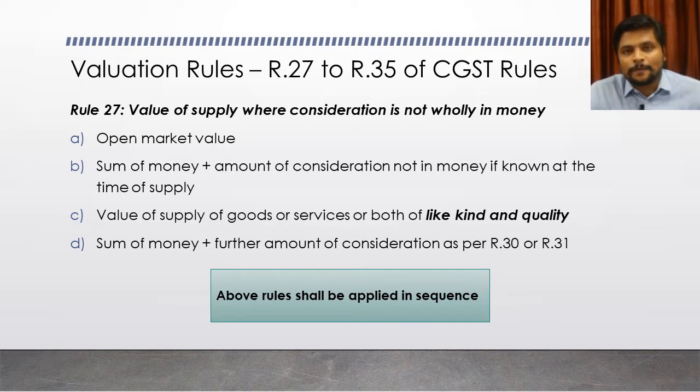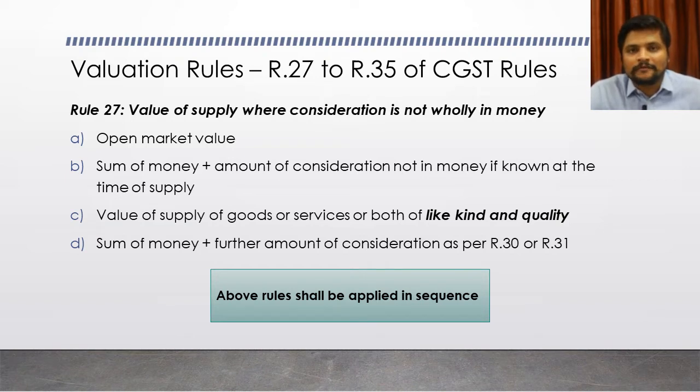Okay, if that open market value is not available, then we will have to go to the second point. The second clause says: the sum of money plus the amount of consideration not in money, if known at the time of supply. For example, you are giving some consideration which is not in terms of money. It could be any product or any voucher, anything other than money.